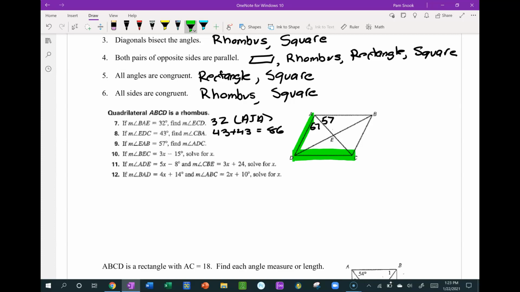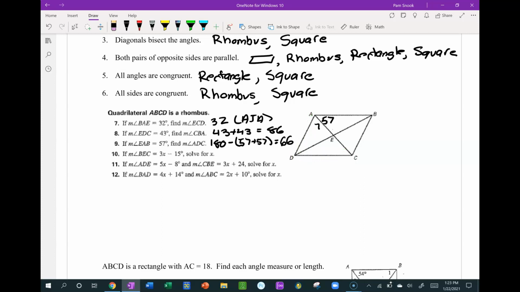And that is a consecutive angle to my 57 plus 57. So those two together are going to be supplementary with ADC. So I'm just going to do 180, and I'm going to subtract both of those 57s. And when I do that, I get 66.